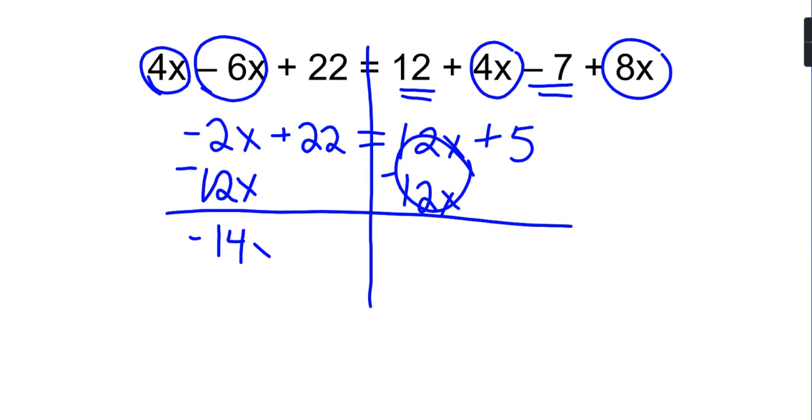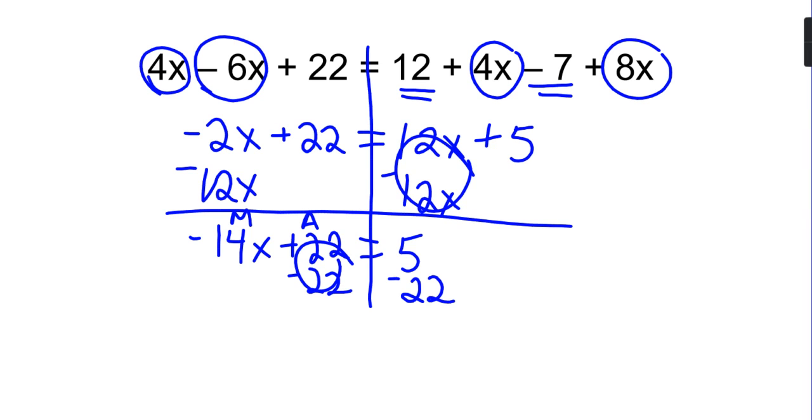So now I have negative 14 times x plus 22 equals positive 5. Now I'm left with a two-step equation where x is getting multiplied by negative 14 and we're adding 22. So the inverse of add is to subtract. I'll subtract 22 to get 0. I'll subtract 22 on the right as well. So now I have negative 14 multiplied by x equals 5 minus 22, which is negative 17.